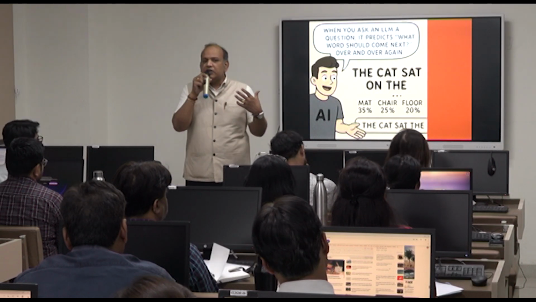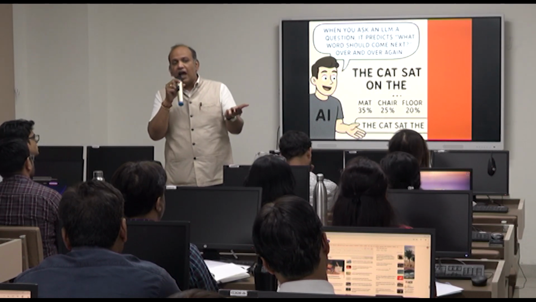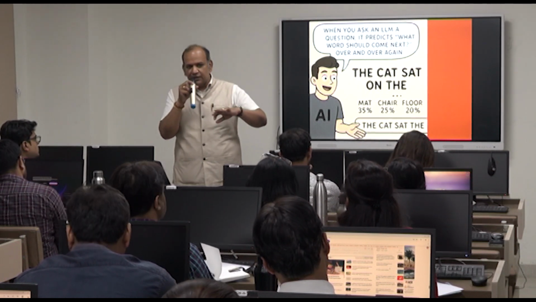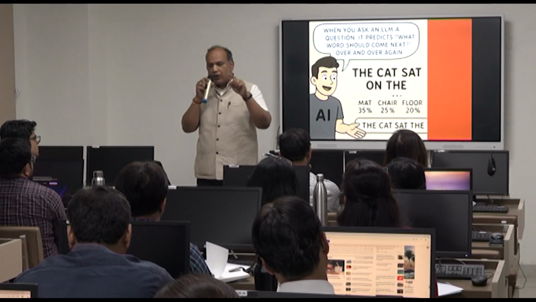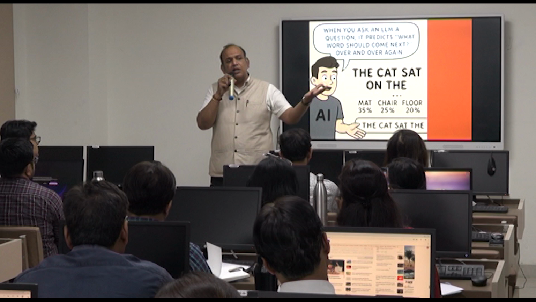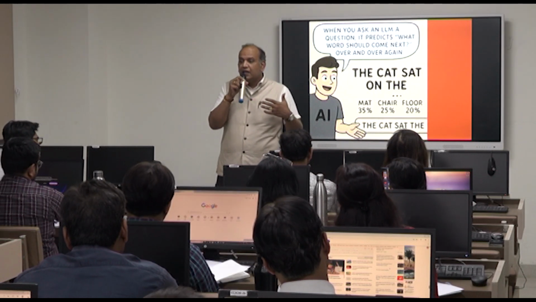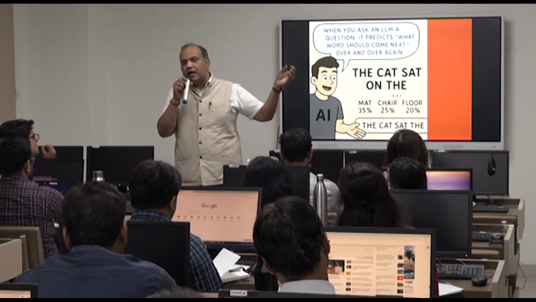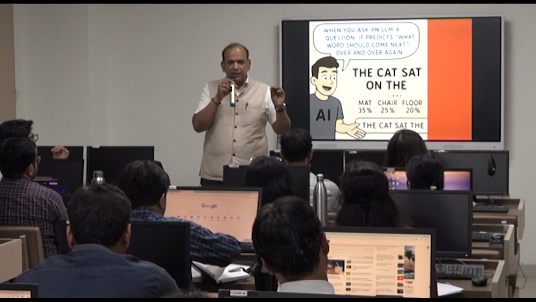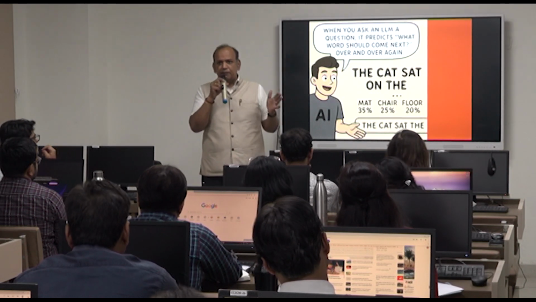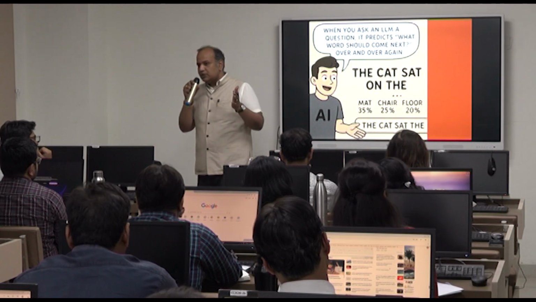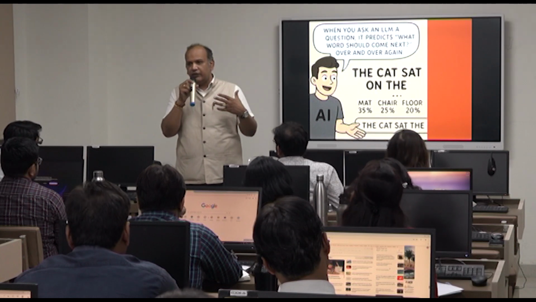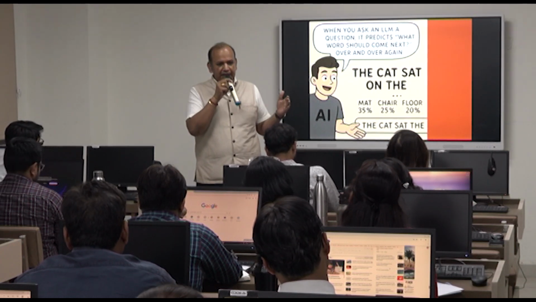If I want to create an artificial intelligence which generates images, I would have to train a foundational model on a lot of images, and that would create a model capable of generating images because it has seen a lot of images. Similarly, I can create a foundational model which works on mathematics by training it with a lot of mathematical examples. So foundational models are simply those large models, not large language models, which have been trained on a huge set of data belonging to a specific category.